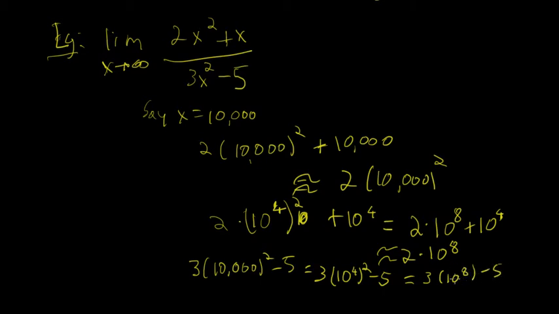So when you're dealing with something as big as 10 to the 8th, the fact that you're docking 5 from 3 times 10 to the 8th is really irrelevant. So this is really approximately 3 times 10 to the 8th.